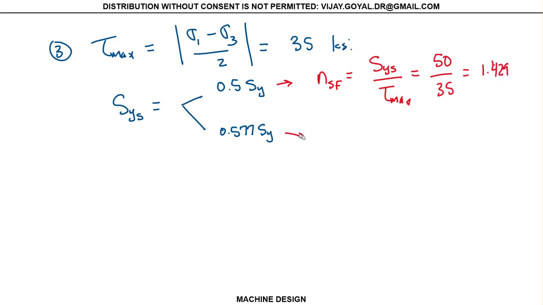If I use this, I find a factor of safety is equal to sigma yield in shear and tau maximum. That would give me a value of 57.735 divided by 35, and that gives me 1.65.